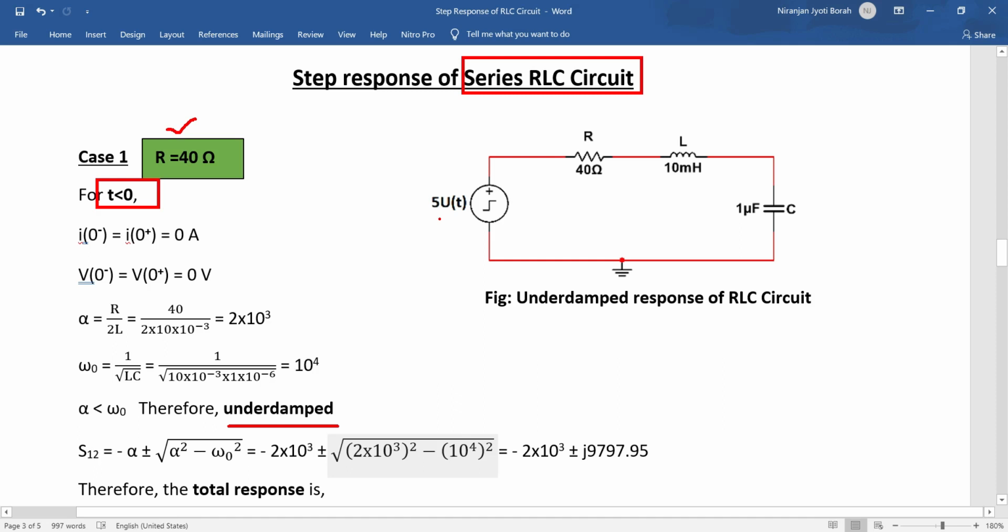For t less than 0, u(t) equals 0. The capacitor behaves like an open circuit, while the inductor acts like a short circuit. So we will get 0 initial responses both for the voltage across the capacitor and the current through the inductor respectively.